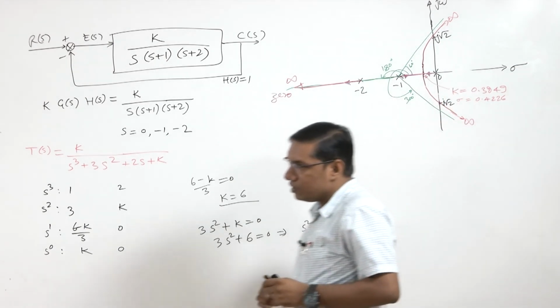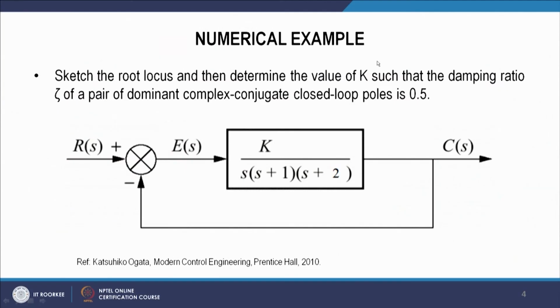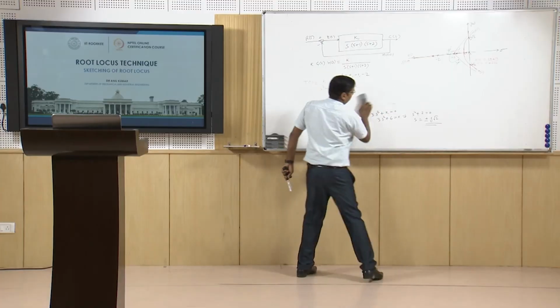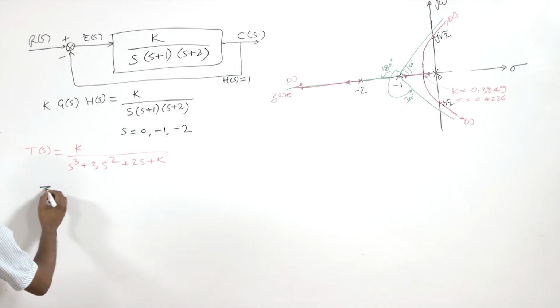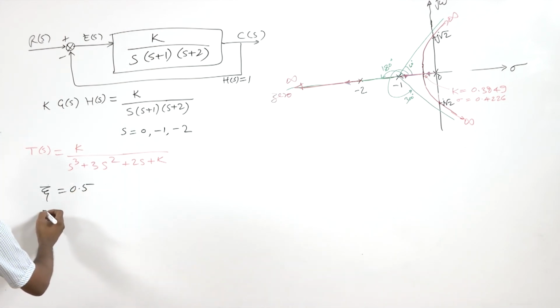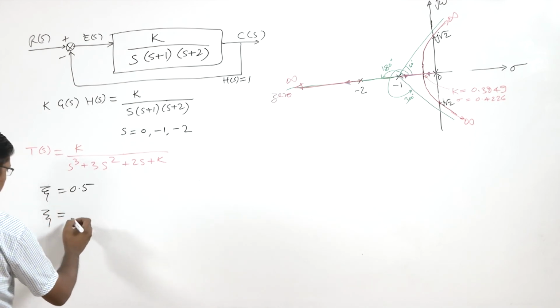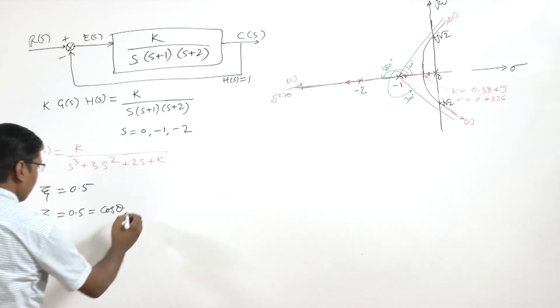Now, the question is that we have to find the value of k such that the damping ratio of a pair of dominant complex conjugate closed loop poles is 0.5. So zeta equal to 0.5. So damping equal to 0.5 equal to cos theta, where theta is the line angle.